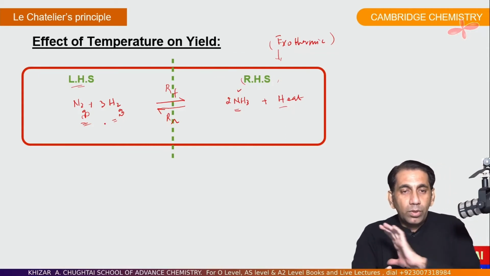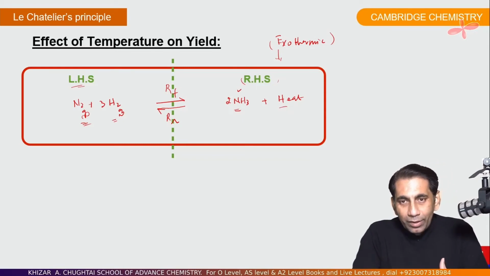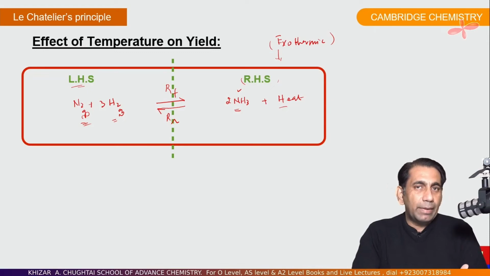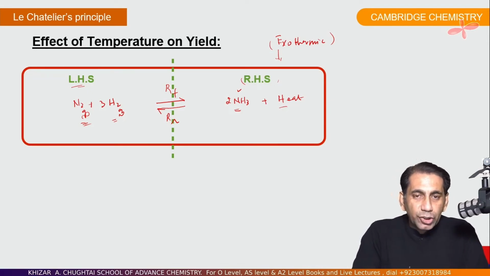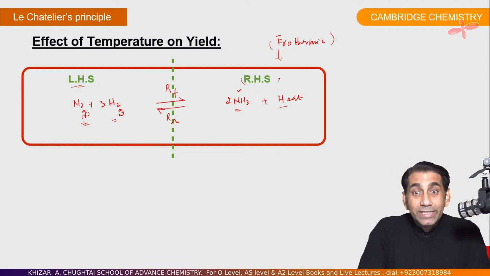Now, keep in mind one important thing. Remember that an increase in temperature will favor the endothermic side of the chemical reaction. You know, this right hand side is the exothermic side, I'm sorry. So as you know, it's a reversible reaction. If its right hand side is exothermic, then its left hand side will be endothermic.